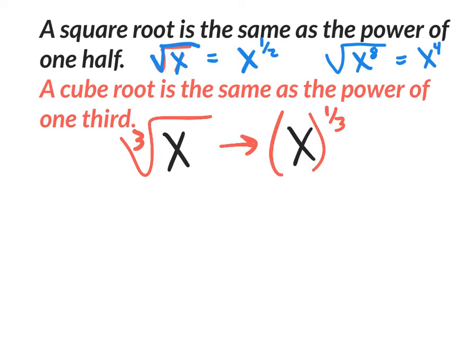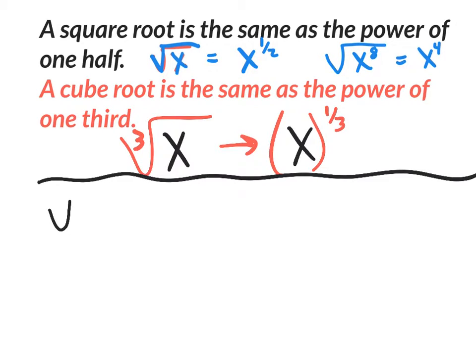Now, let's do some examples. When we did the square root of x to the 12th, that was awesome. Why? Because the answer is easy. What's the answer right there? The answer is x to the 6th. Square root.